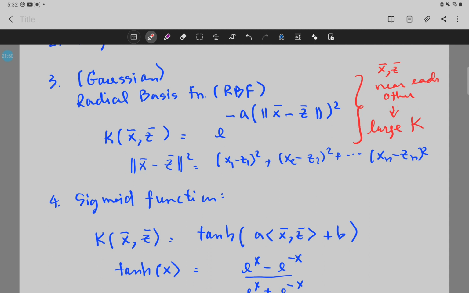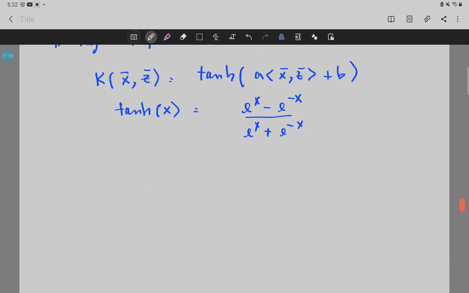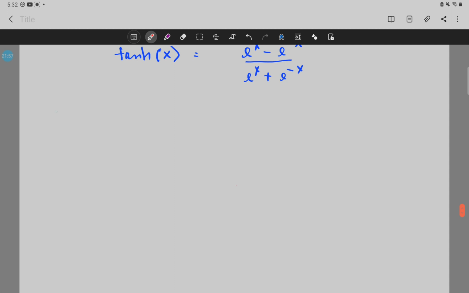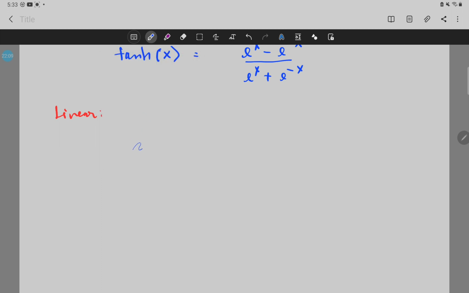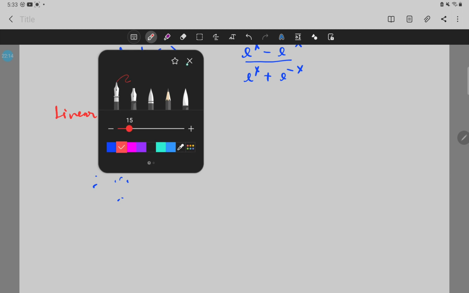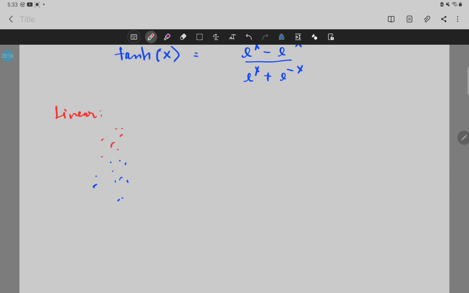And so what are the shapes of this nonlinear function that we look at in these four cases? If you look at the linear case, it is quite simple, because if you have data that scatter like this, let's say there are three types of data that scatter.